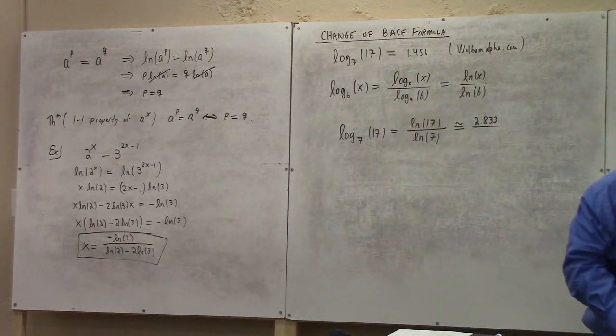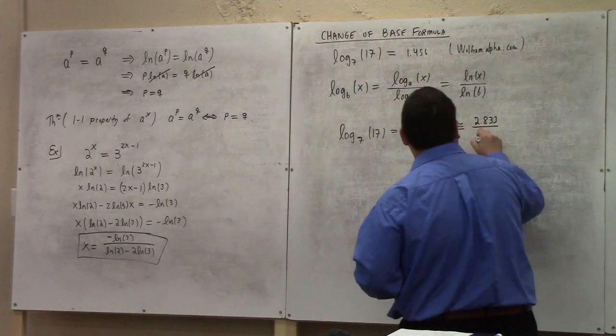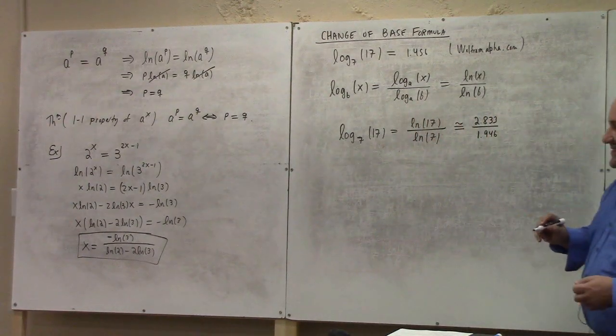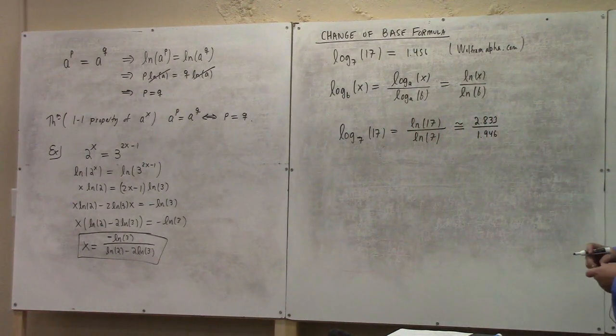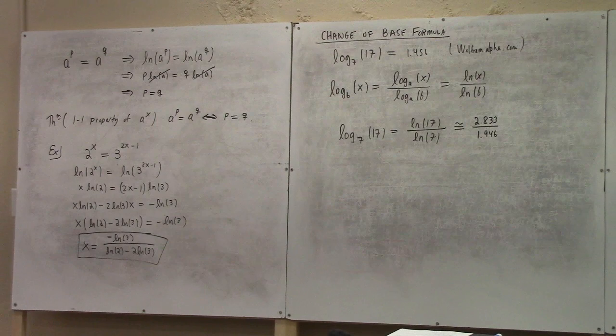Natural log of 7 is 1.946. And then if you divide those two numbers, we should get about 1.456. So this is the change of base formula. If you want to convert from one log to another, you can do this.